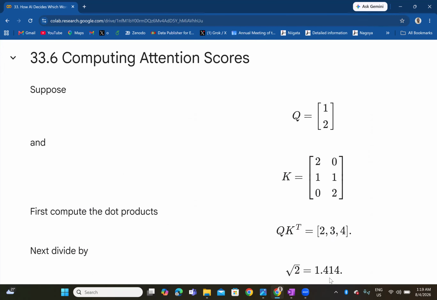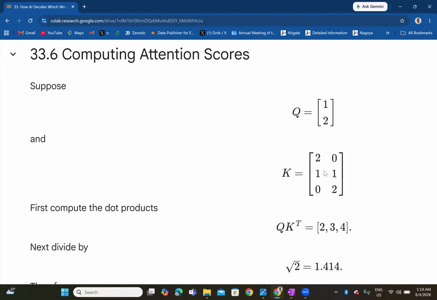Now let's talk about computing attention scores. Suppose the query matrix is this column vector 1, 2, and the key matrix is this 3 by 2 matrix. If you first compute the dot products, we have KQ transpose.